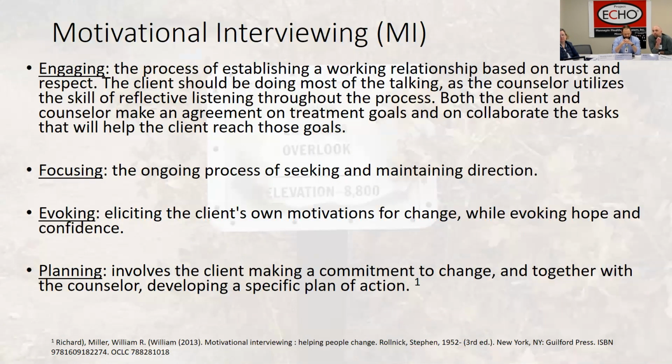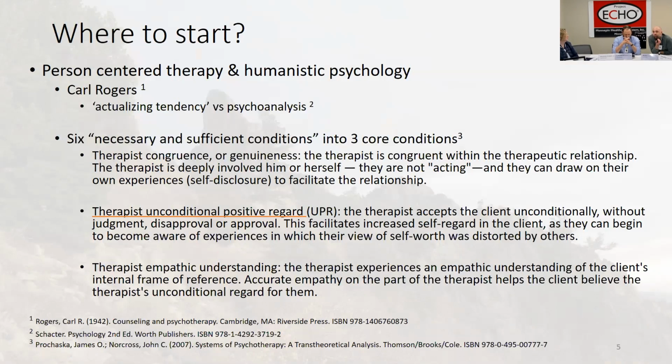Yeah, it's no surprise that you cited work with Norcross in there. Norcross is also known for research on what we call common factors in therapy. There's this huge push for empirically supported treatments and evidence-based practice.